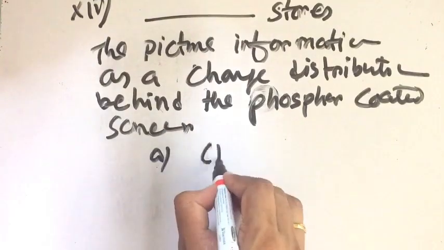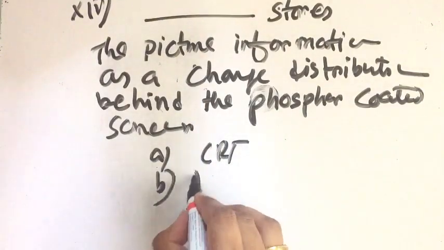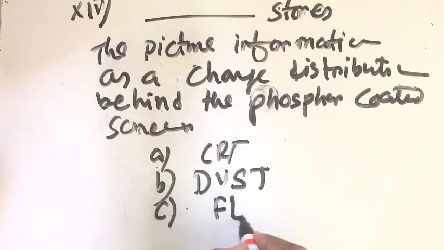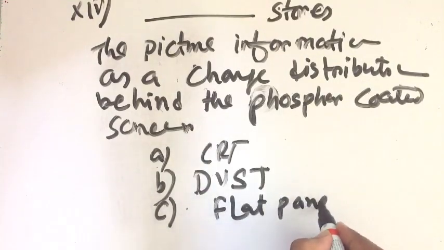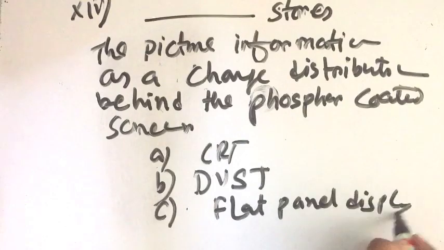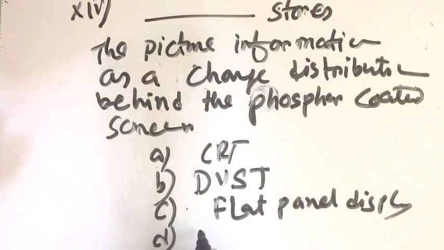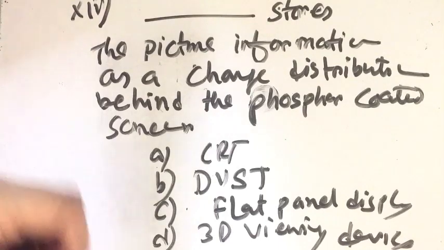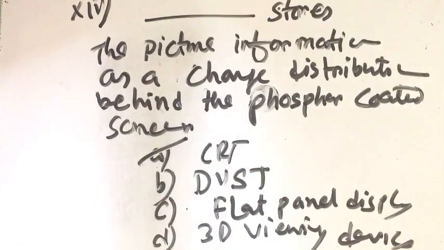Option A, CRT. Option B, direct view storage tube. Option C, flat panel display. Option D, 3D viewing device. The picture information as a charge distribution behind the phosphor coated screen is known as CRT, cathode ray tube. So this is the end of the 2018 question paper.